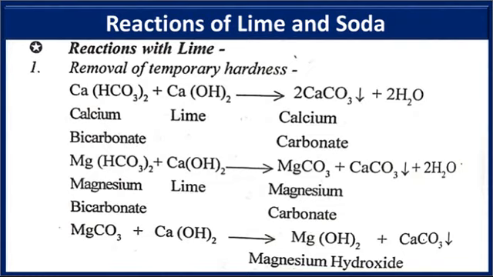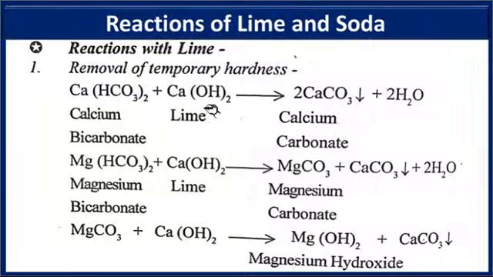Now we are going to discuss the reactions of lime and soda. First we will discuss the reaction with lime. How is temporary hardness removed by the reaction of lime? We know that temporary hardness is mainly caused by calcium bicarbonate and magnesium bicarbonate.